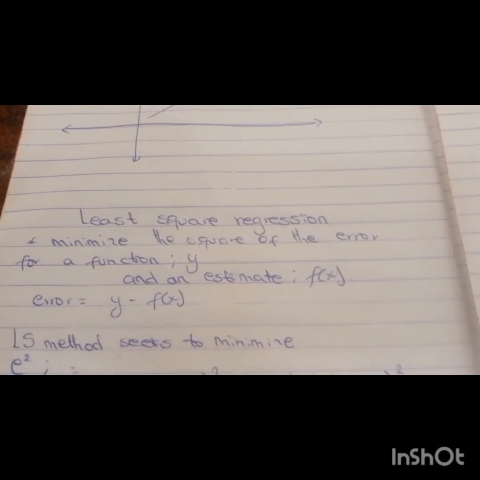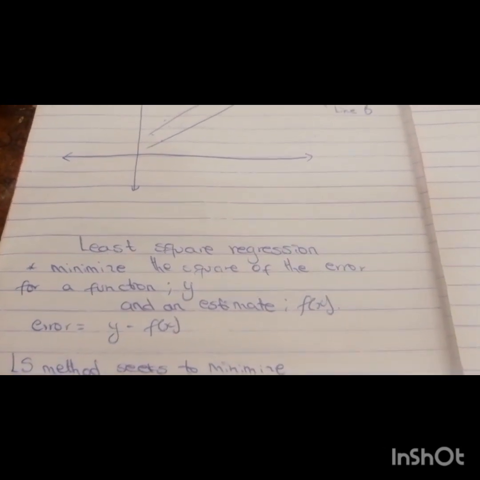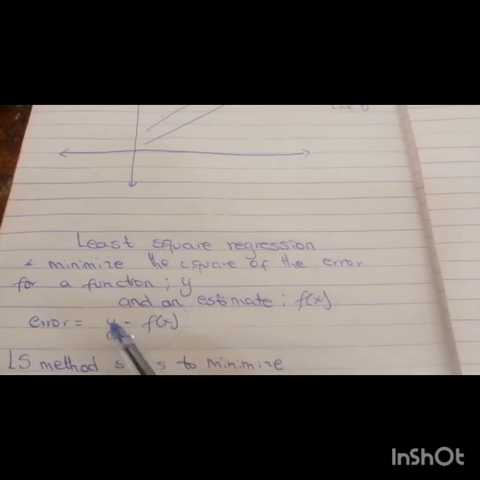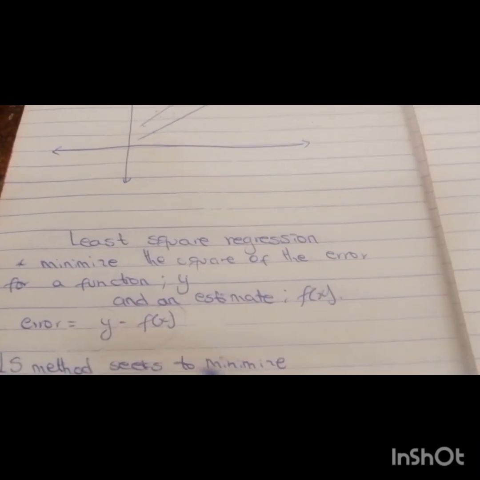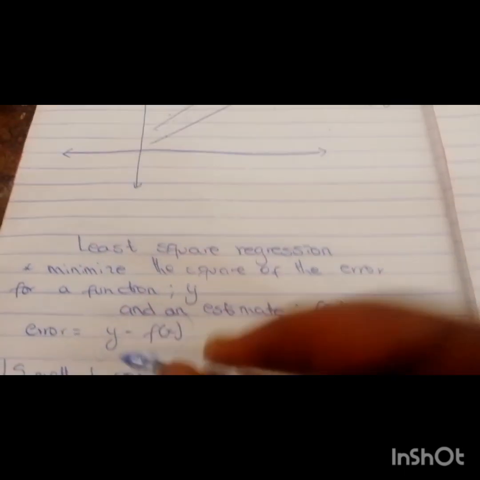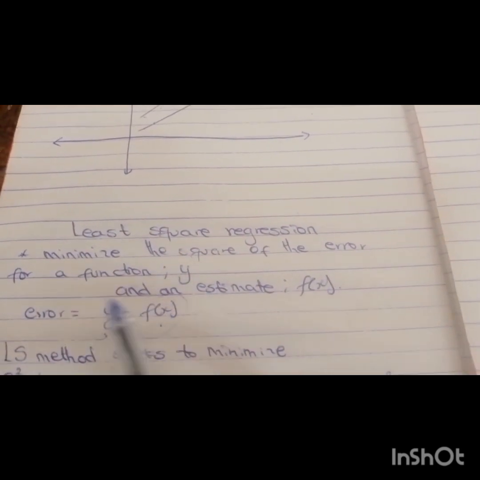If we talk about the error between a particular function and an estimate, one of them is an estimate and one of them is the real one. The error will be the difference between these two.